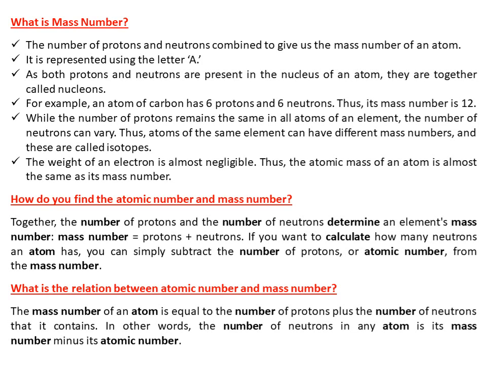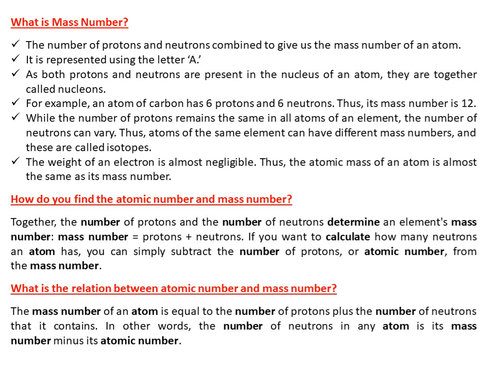How do you find the atomic number and mass number? Together, the number of protons and the number of neutrons determine an element's mass number. So mass number is equal to number of protons plus number of neutrons. If you want to calculate how many neutrons an atom has, you can simply subtract the number of protons or atomic number from the mass number.